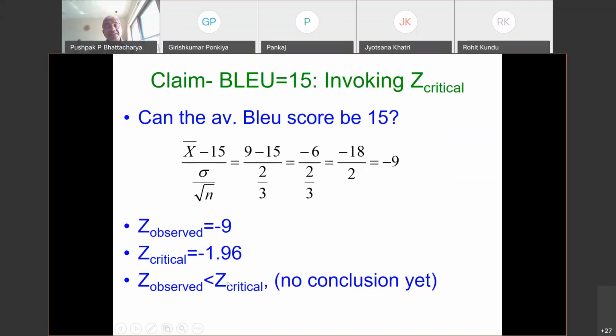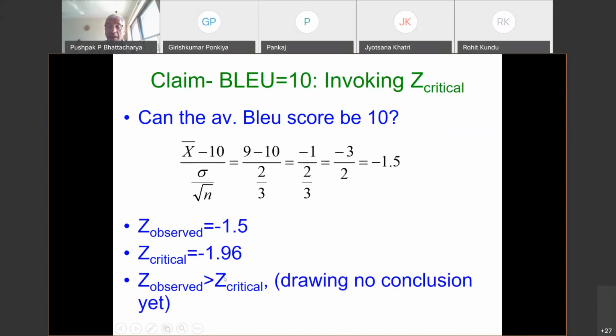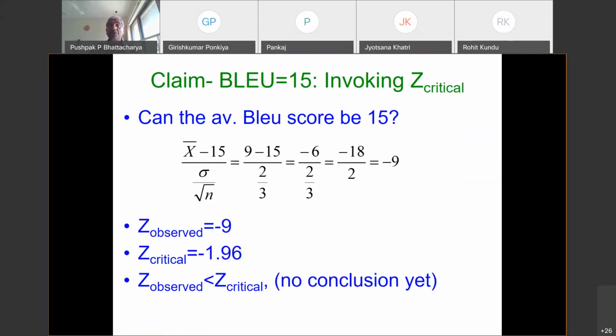Here Z observed is less than Z critical. Earlier, Z observed of minus 1.5 was greater than Z critical. So notice this, okay? Blue score being 10 gives me Z observed greater than Z critical on the negative side. And blue score of 15, which the company was claiming, gives me Z observed less than Z critical. Let us note this.